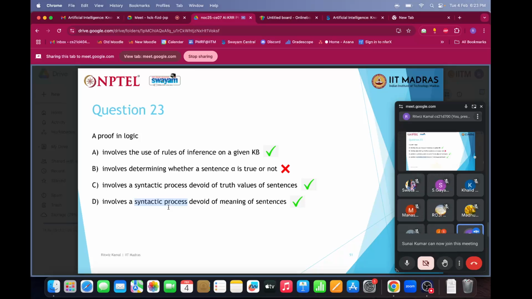For example, we might have a knowledge base that says that the sun shines brightly, and then we could have another sentence that says that the sun is the name of a torch.